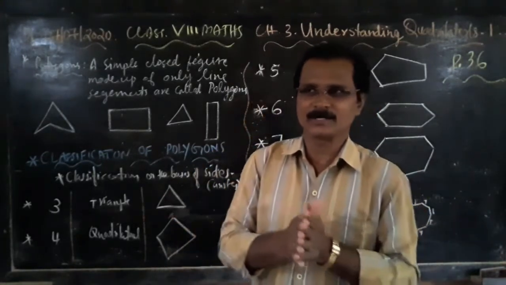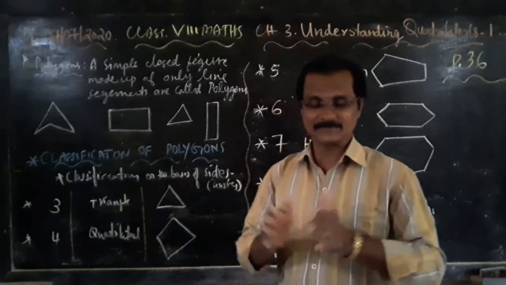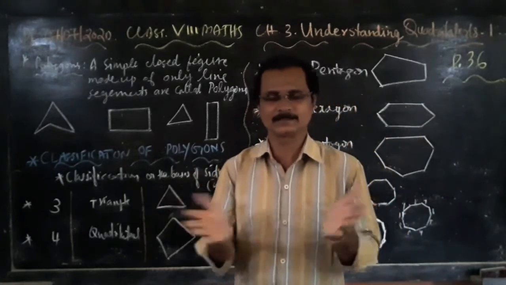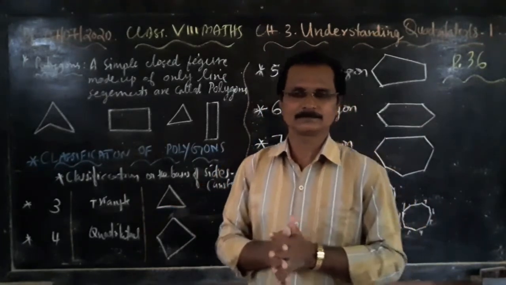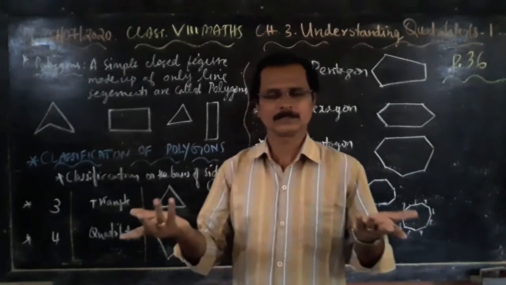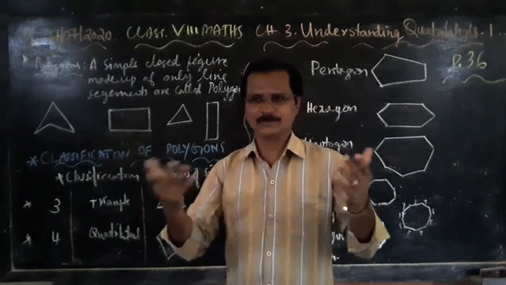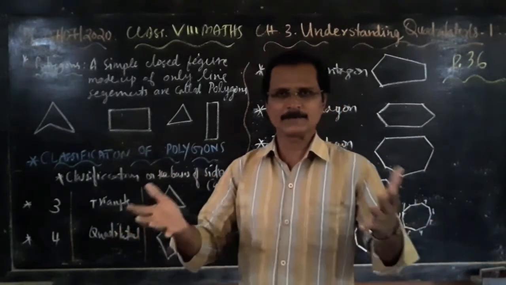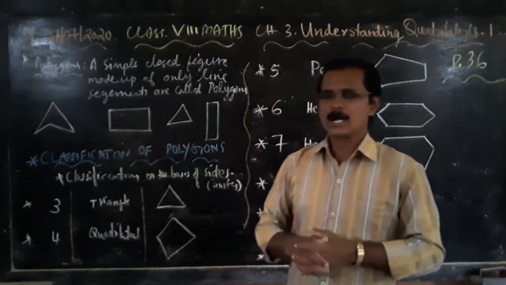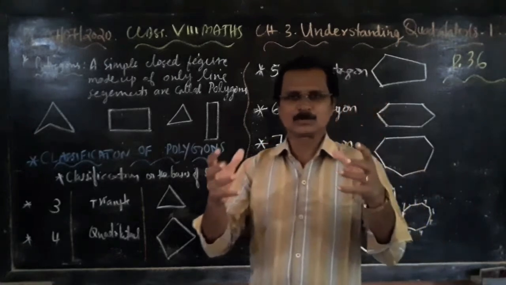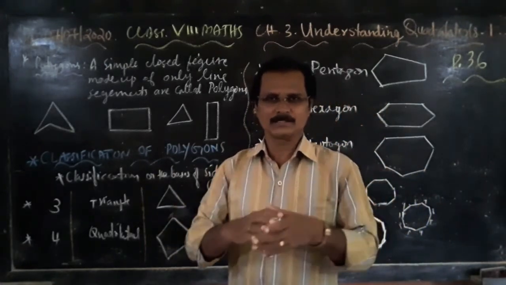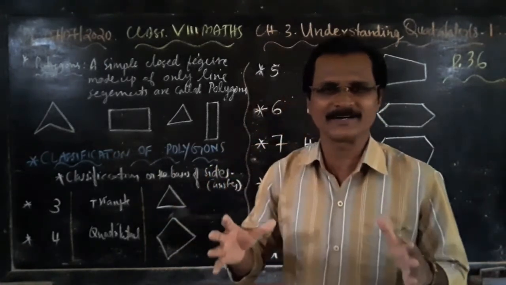Okay. Now moving to the next point, classification of polygons. How to classify the polygons? Different types of polygons. Classification or types of polygons. How are we going to classify the polygons?